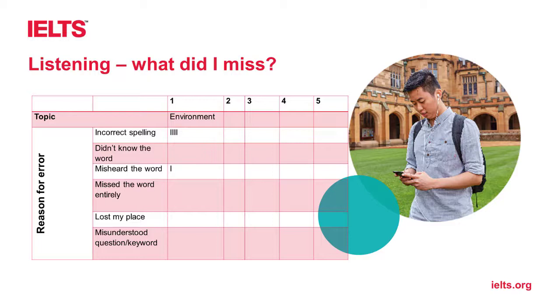And if you do it for every practice listening that the students do, you may begin to see a pattern, a specific area that students need to focus on. So spelling and vocabulary may be an area that they need to focus on. It could be that they're not following the recording as they should. They're still thinking about the first recording when actually they should be thinking about the third one at this point.